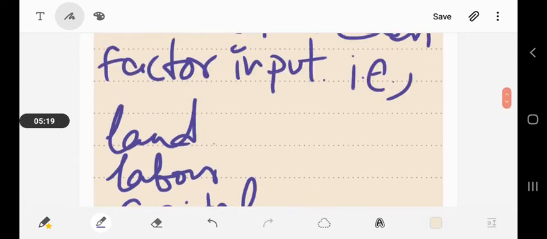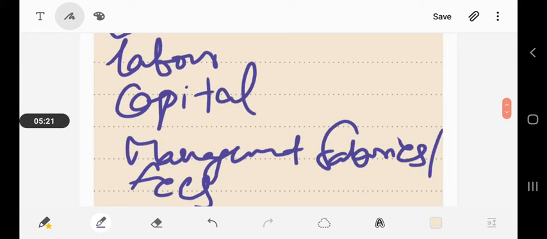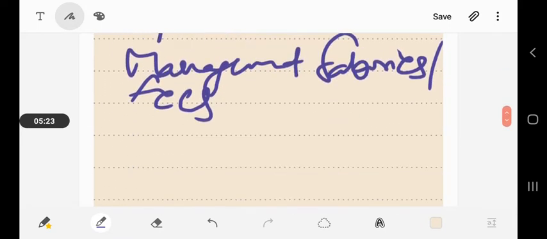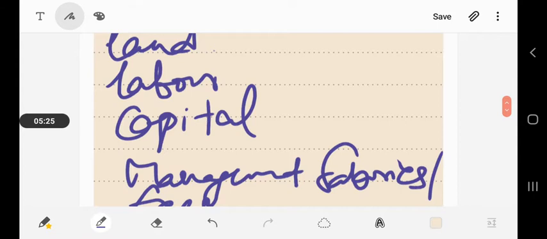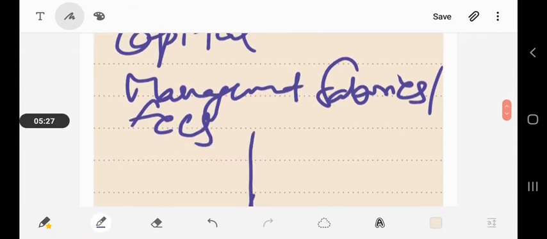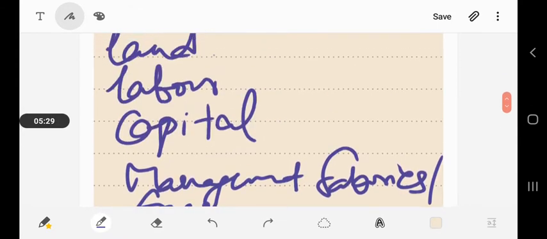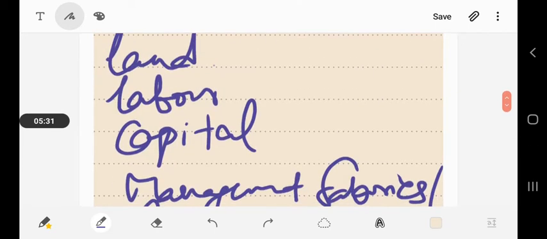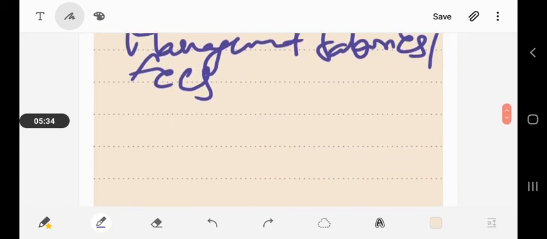Like that, for each and every one of land, labor, capital, management, the producer or organization wants to know the cost of each factor of production. We need the price. Let the price of labor be PL.